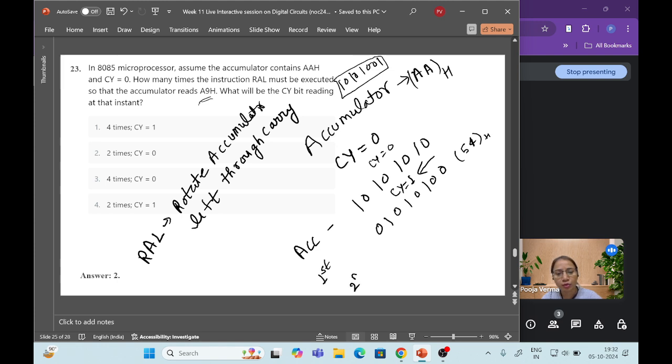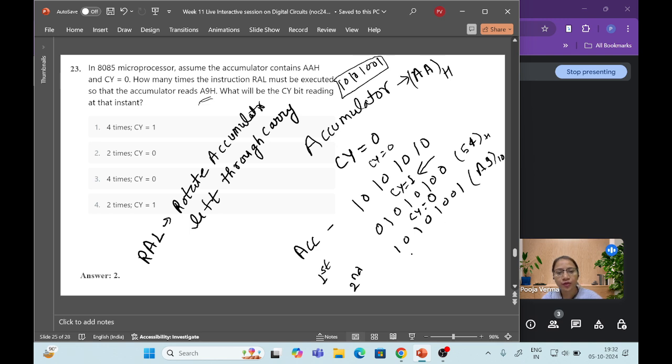Now the second rotation: it is 1010 1001, and the value moved into the carry is 0. So the current value is 1010, that means A, and 1001, that means 9. So A9H, and carry is 0.